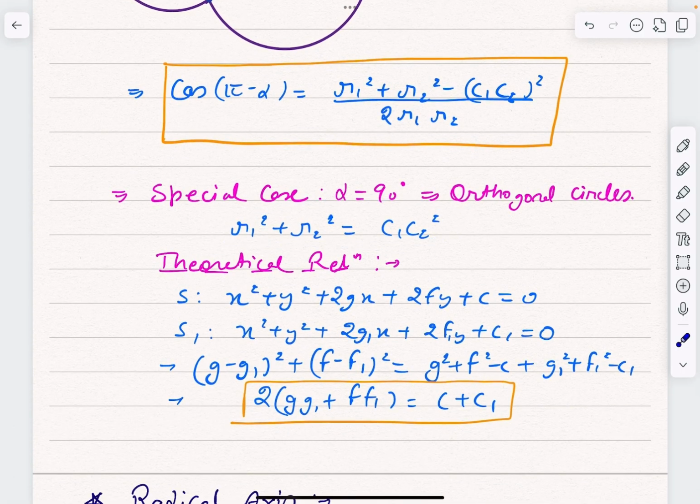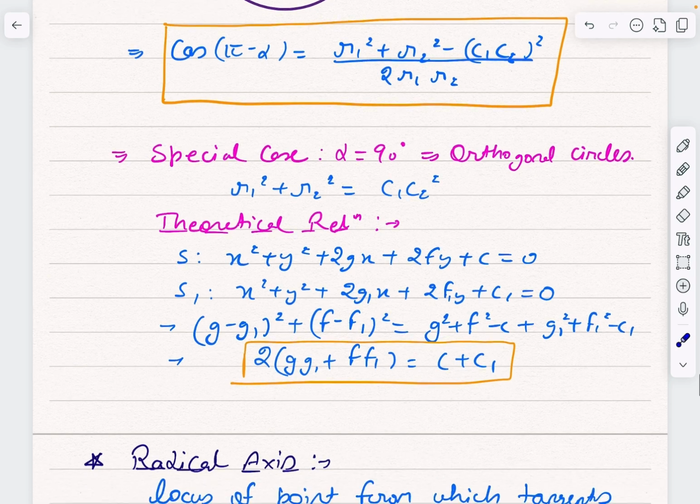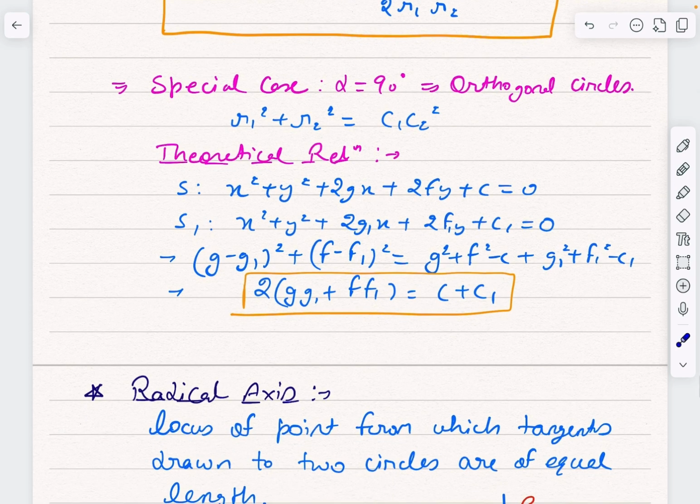Now this is the geometrical result, but the algebraic result we use more. Let us say there are two circles: x square plus y square plus 2gx plus 2fy plus c equal to 0, and the second circle x square plus y square plus 2g1x plus 2f1y plus c1 equal to 0. Now this says r1 square plus r2 square equals C1C2 square. So r1 square you can find here: g square plus f square minus c. r2 square will be g1 square plus f1 square minus c1.